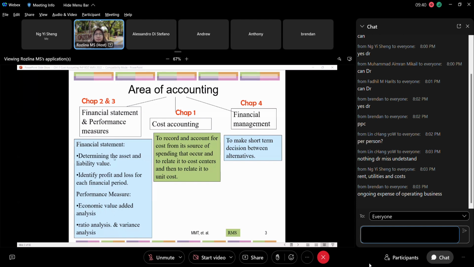For chapters 2 and 3, it is about financial statements and determining assets and liabilities, and how to identify profit and loss using the statements.